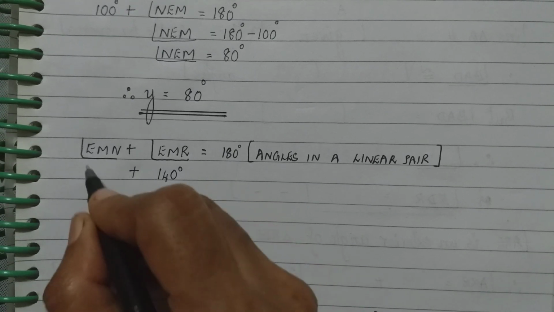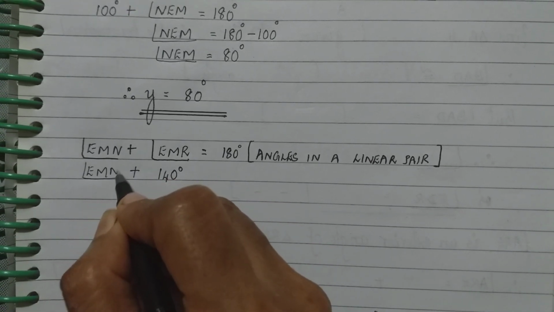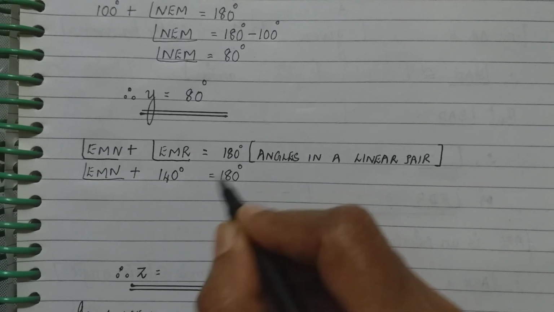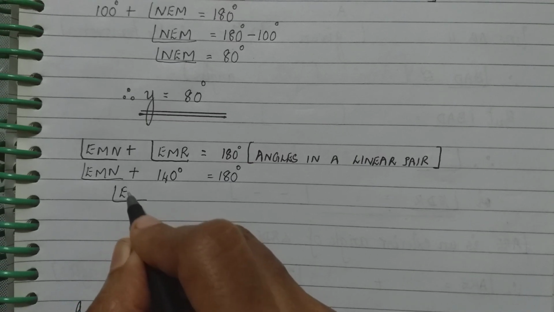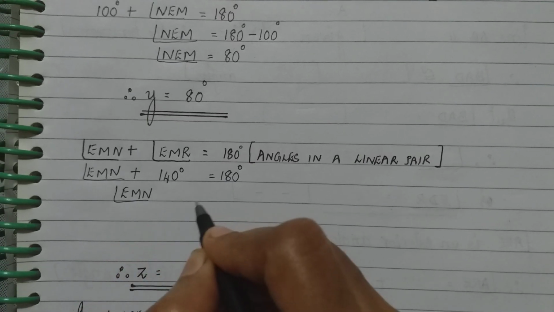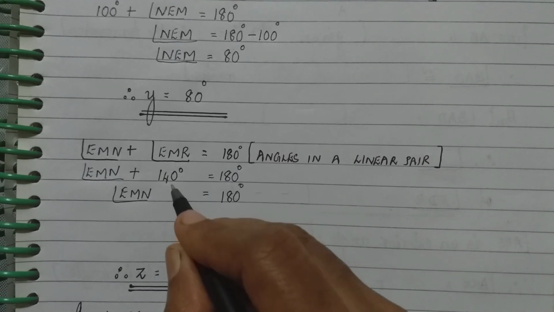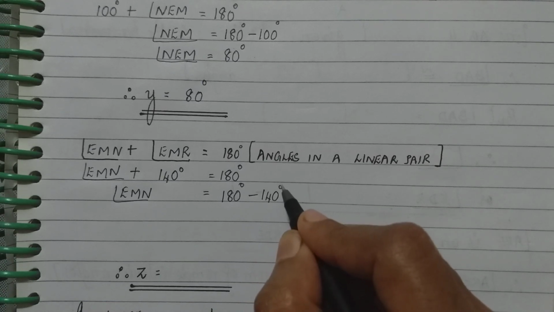So in place of angle EMR, I will now write 140 degree. So 140 degree plus angle EMN is equal to 180 degree. Now I want to find out what is angle EMN. So I have to take 140 degree to the right hand side. So this becomes 180 degree minus 140 degree.